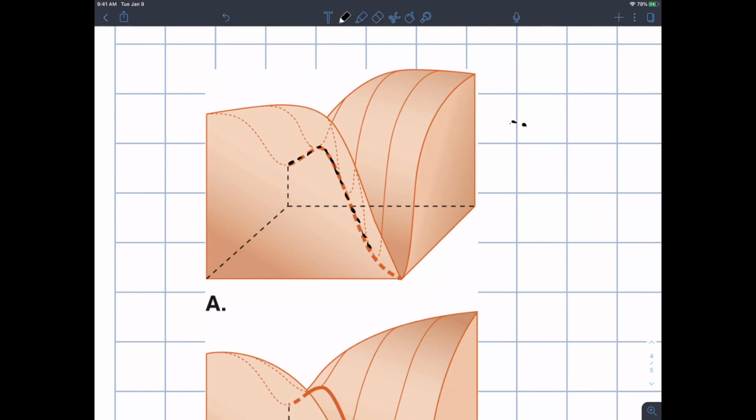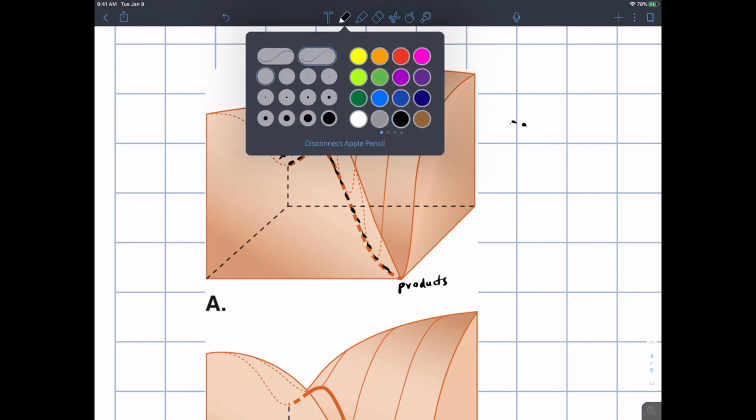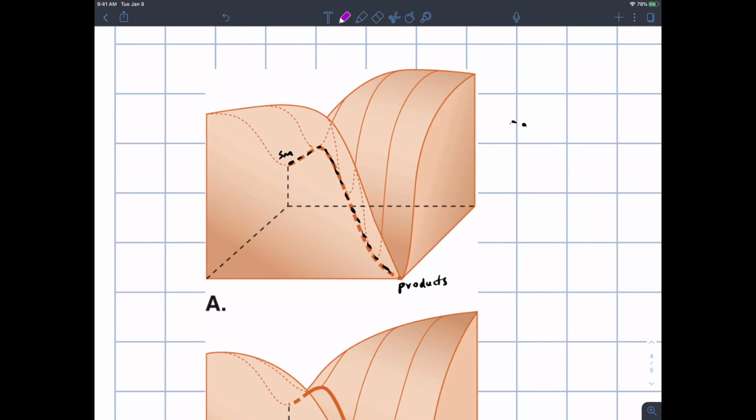All right, this might be our SN2 reaction. Here's a well for our starting materials. Here's a well for our products. But one of the things that your text points out is that perpendicular to the reaction coordinate, you actually have these individual energy wells at each position along the reaction coordinate.